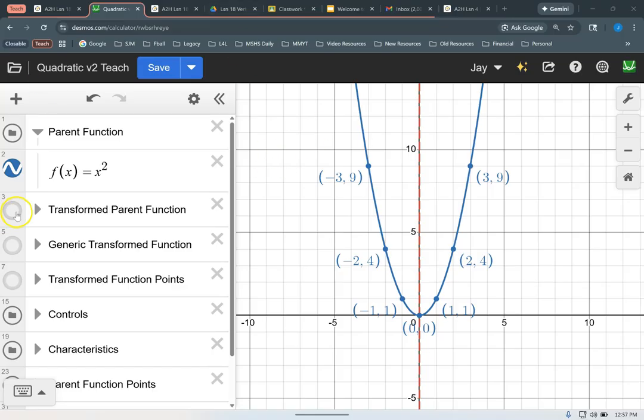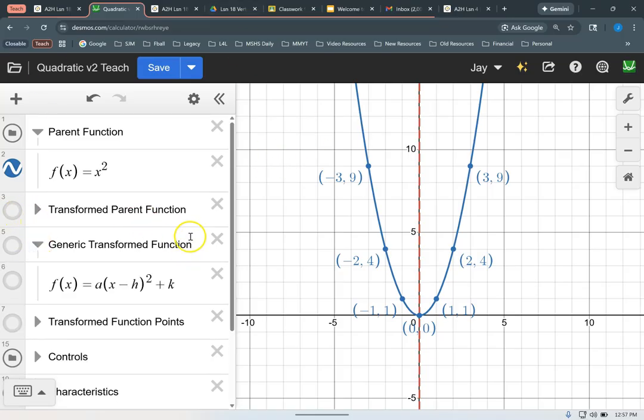So let me show you what the generic transformed function looks like. This is what we call vertex form of a quadratic equation. So you'll notice that now I've brought in an A, an H, and a K. All right? Now I want you to notice there's a specific order, follow your PEMDAS, there's a specific order in the way that the math is done, and that makes the difference in the way that the picture turns out.